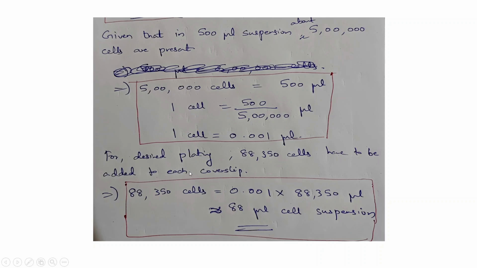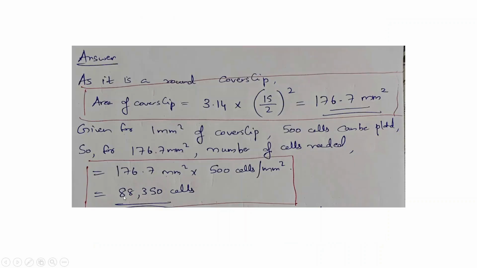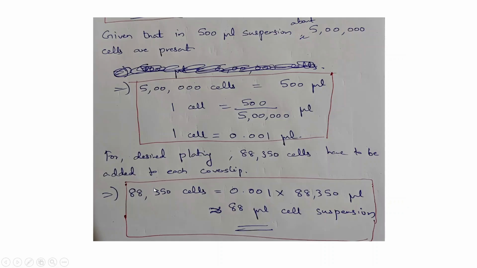Also, you know from the previous calculation that 88,350 cells could be spotted there. If you substitute this value, 88,350 cells, and multiply it with 0.001 microliter, you will get the total volume needed to achieve this particular cell density from this particular cell suspension.